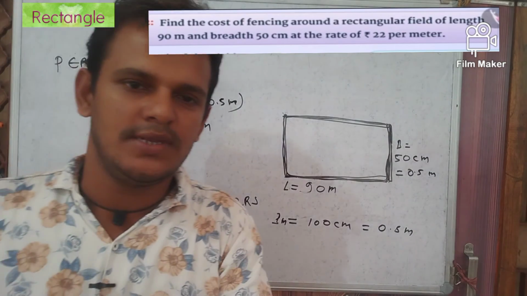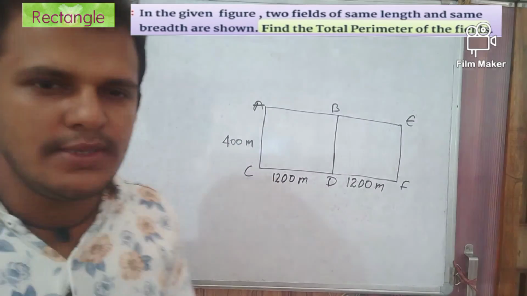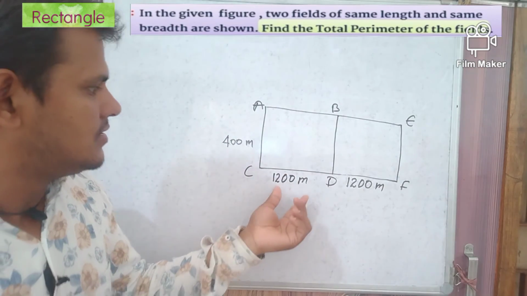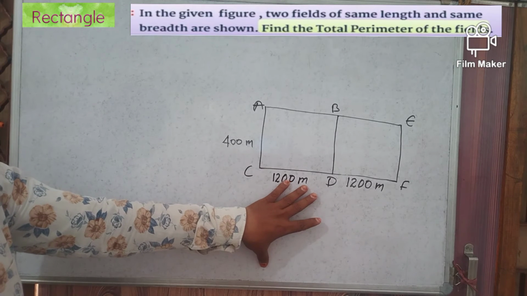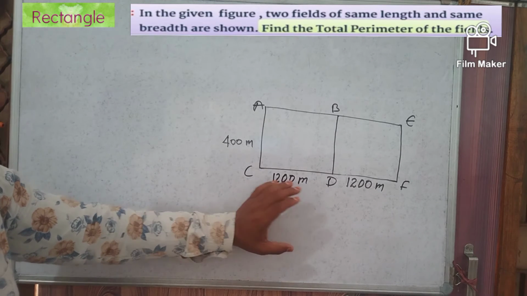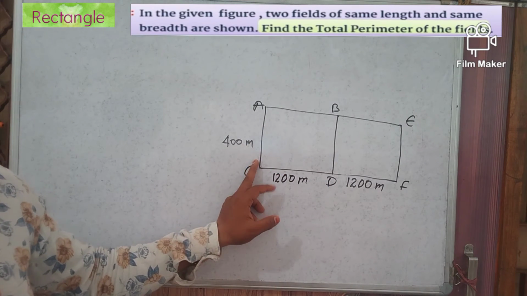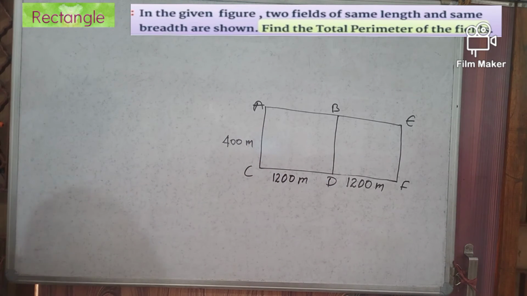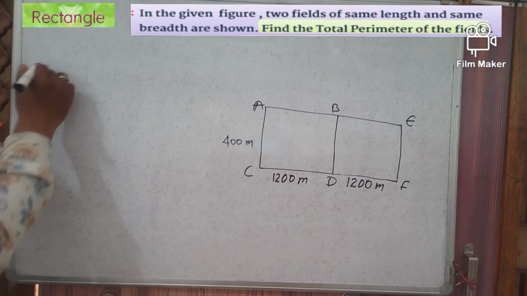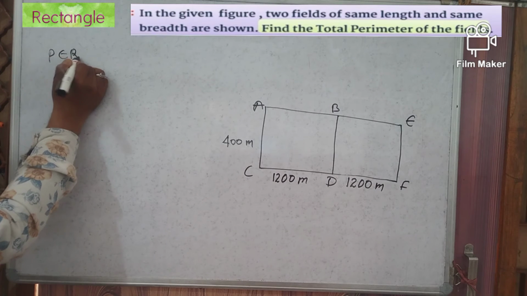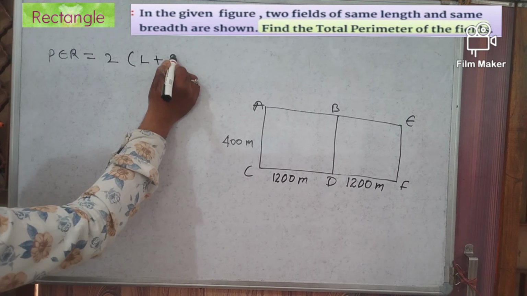So move to question number 3. Question number 3: in the given figure, two fields of the same rectangle, same length and same breadth, are shown. Find the total perimeter of the field. We now write, friends, perimeter is equal to 2 into (L plus B).